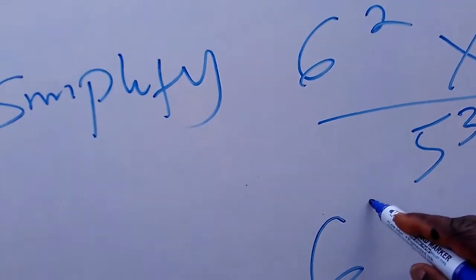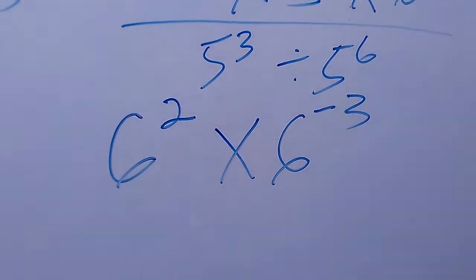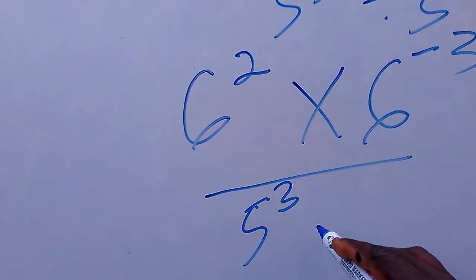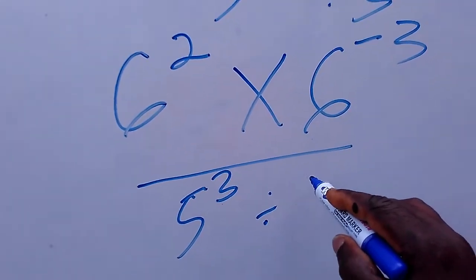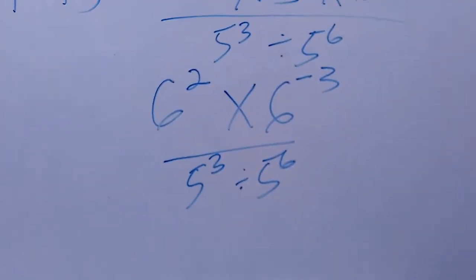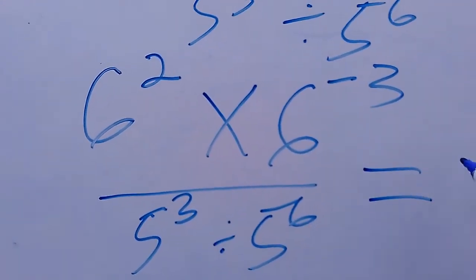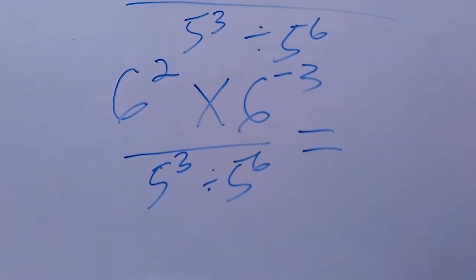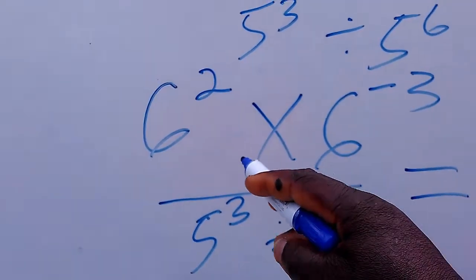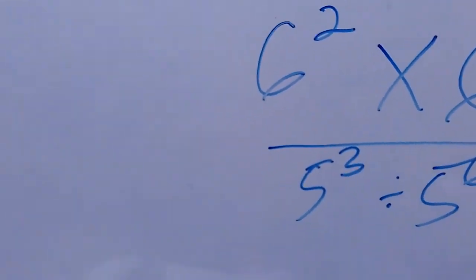So we have 6 raised to the power 2 times 6 raised to the power minus 3 all over 5 raised to the power 3 divide 5 raised to the power 6. So this is what we have. Here we are simplifying this. We can apply the law of indices directly because they are identical.